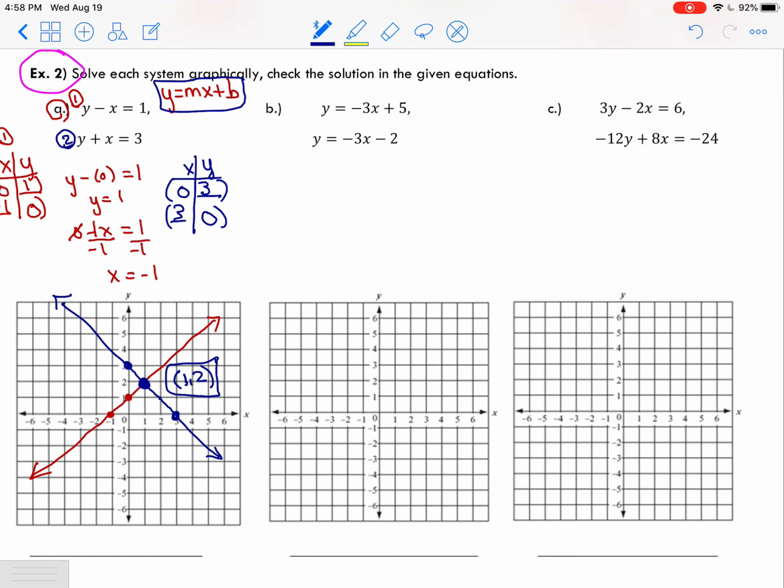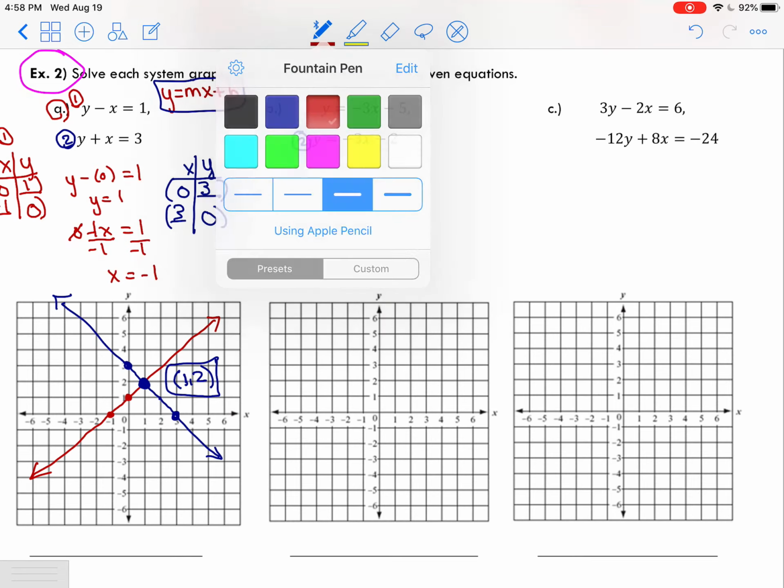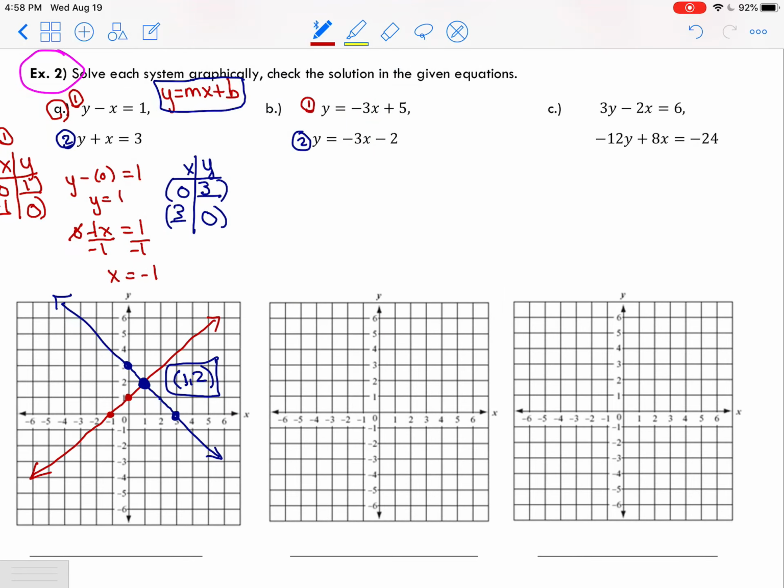It makes it a little bit easier for me just to graph using the equations. Now remember, when we're graphing using the equations, our first step is to plot b. Our second step is to use our m, or our slope, to plot another point.